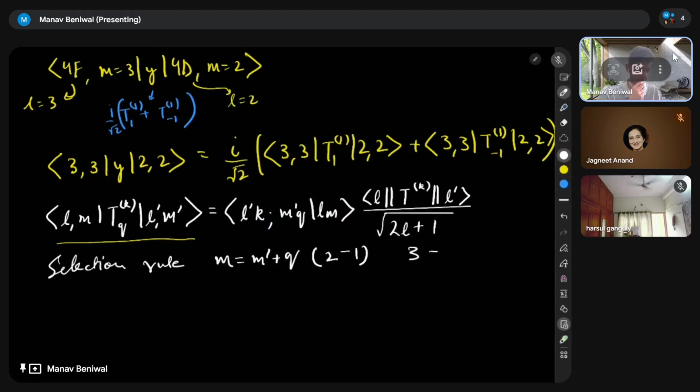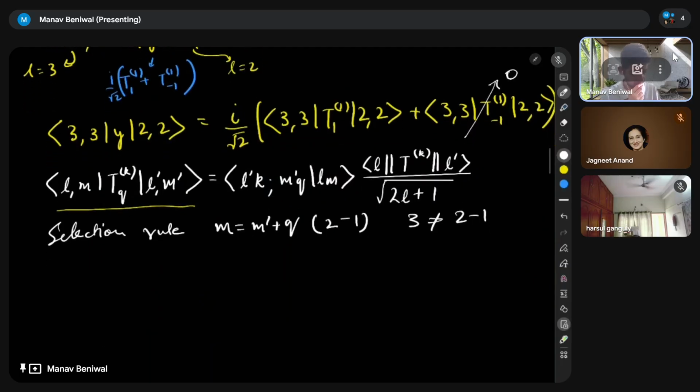Because 3 is not equal to 2 minus 1, the Clebsch-Gordon coefficient of this term will be 0. So this term will give us nothing. For this term, however, you can see q is plus 1, so 2 plus 1 is 3, and this is the maximum weight state, right? So its Clebsch-Gordon coefficient will be 1.